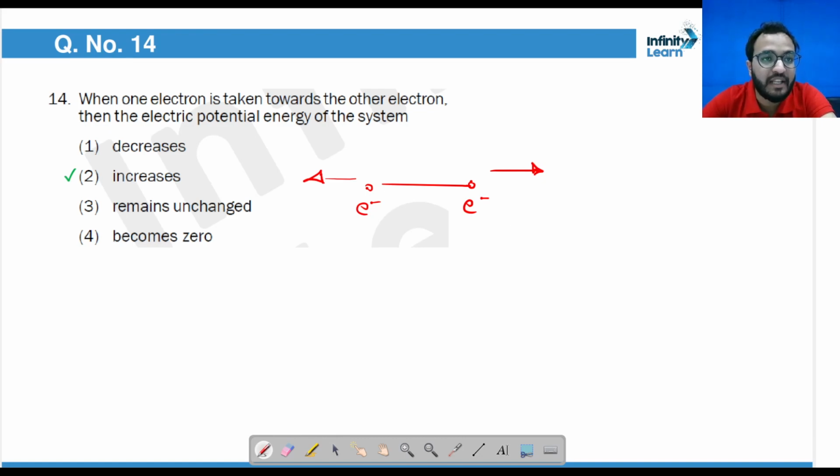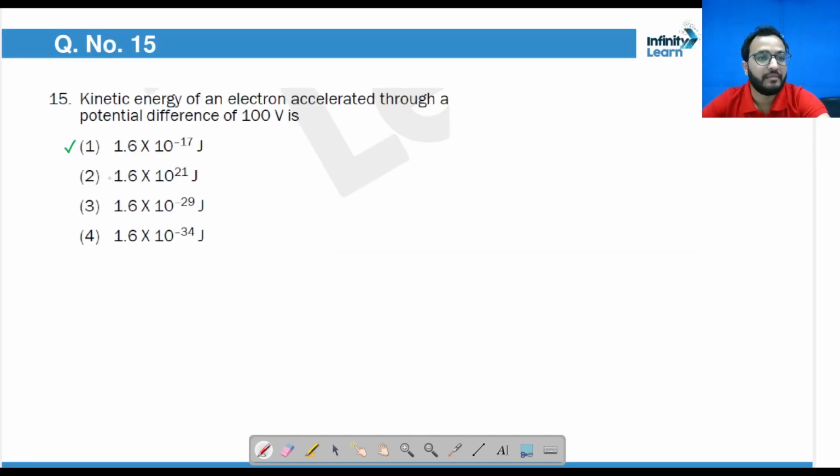So if you are taking one electron away from another electron, potential energy will decrease, no doubt. But if you are taking one electron towards another electron, then potential energy definitely will increase because you are going against the natural force between them, right? So which option is correct? When one electron is taken towards, that means we are talking about this green one, so obviously it increases.